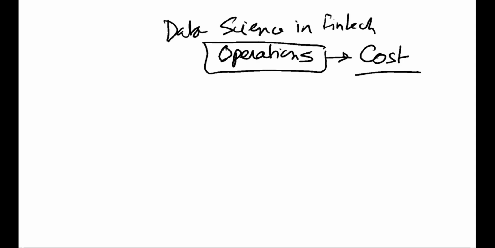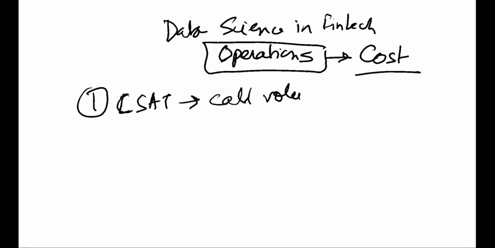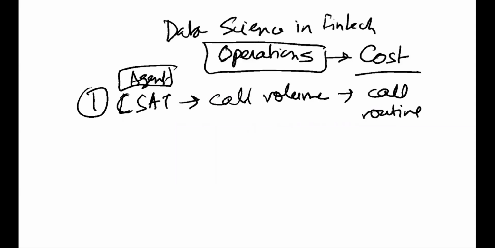Depending on where you are, what specific type of FinTech organization and startup you're part of, operations might be just agent operations, and then you're talking about CSATs and call volumes and optimizing call routing. Those are the big applications in the space of agent ops.